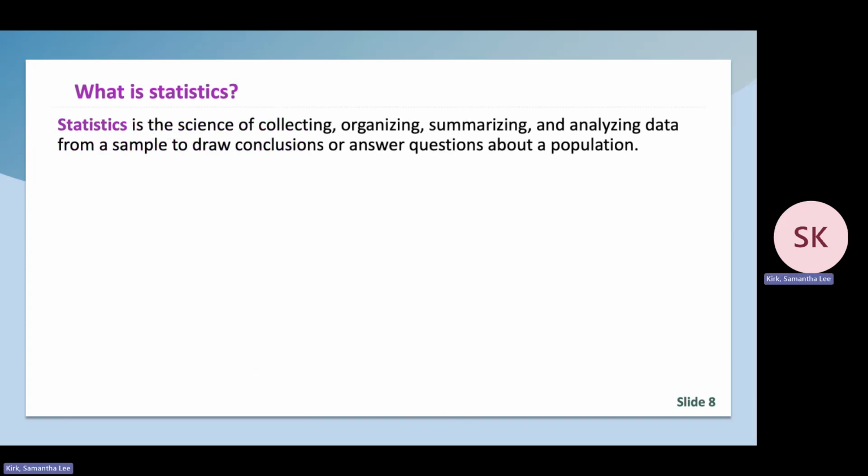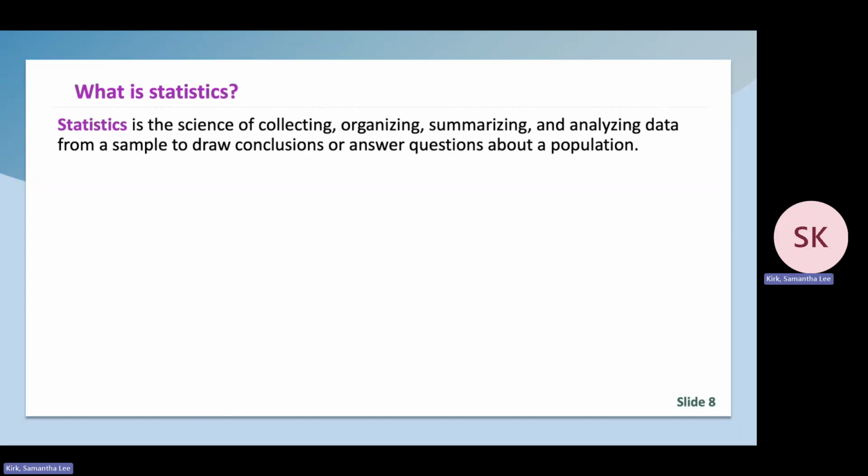Okay, so what is statistics? Statistics is the science of collecting, organizing, summarizing, and analyzing data from a sample to draw conclusions or answer questions about a population. So again, we have a population, we're trying to answer a question about it, but it's too big, there's too much data, or maybe we can't get all of the data.